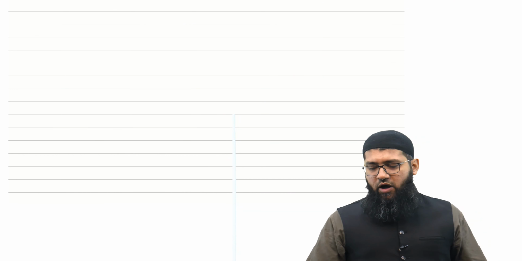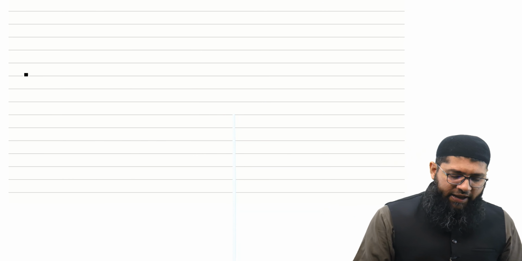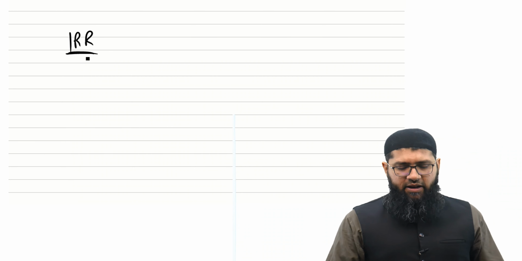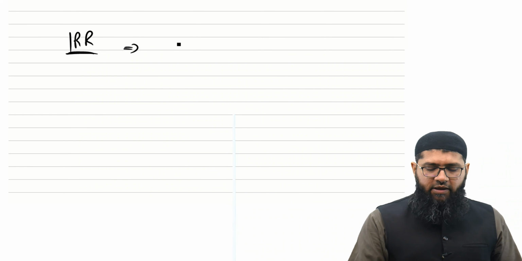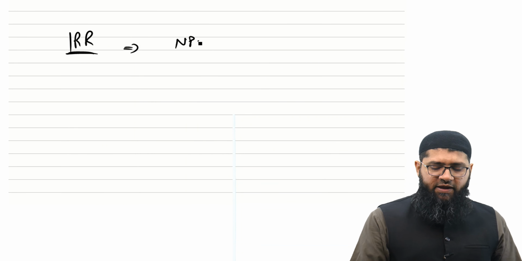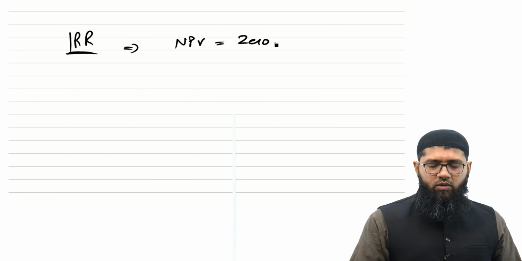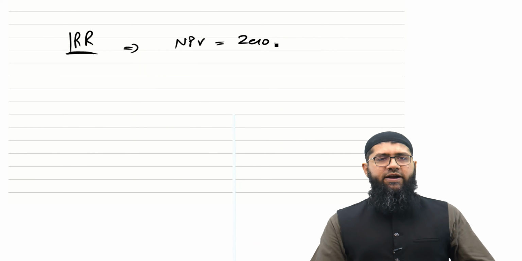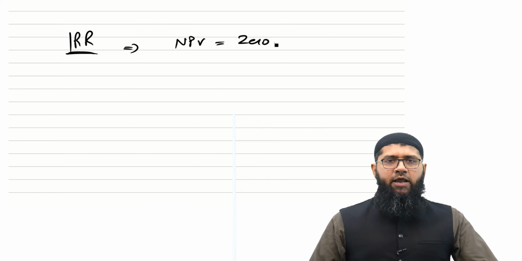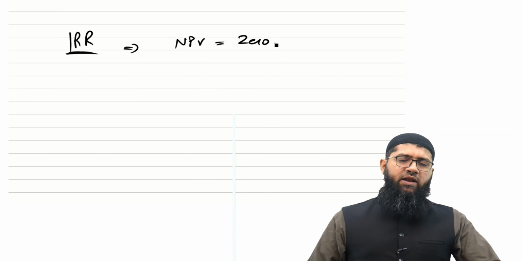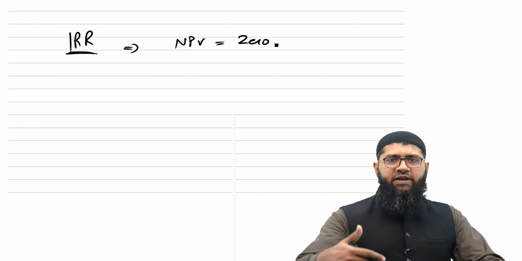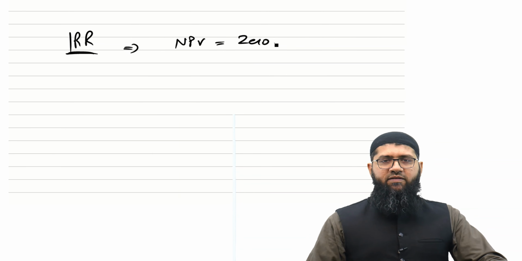Now let's move a bit forward and let's talk about the IRR. When we talk about IRR, we know the internal rate of return is the discount rate at which NPV is 0. Before I move on to IRR, for the NPV, I hope you know that the decision making is done on this basis: if the NPV is positive or 0, we invest. If the NPV is negative, we reject.